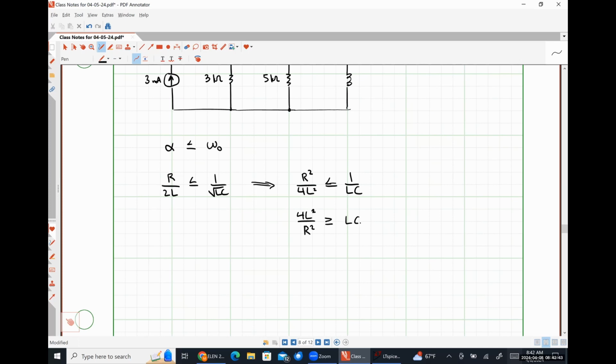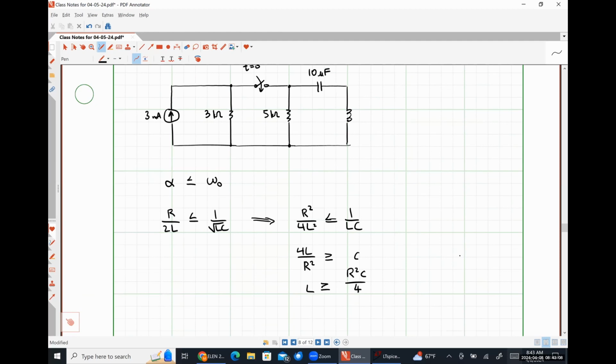And I'm going to divide, let's see, so I can get rid of this L by getting rid of this squared. So L should be greater than or equal to R squared C over 4.